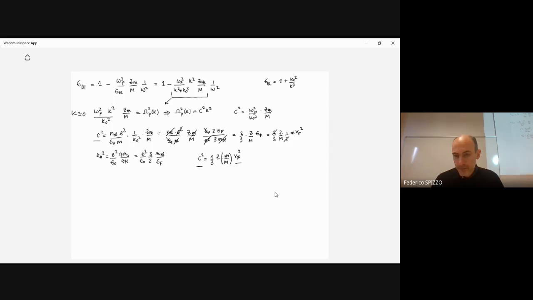So this is another confirmation of the fact that the speed of the phonons in the system is much lower than the speed of the electrons. This relationship here is called the Bohm-Staver relationship.